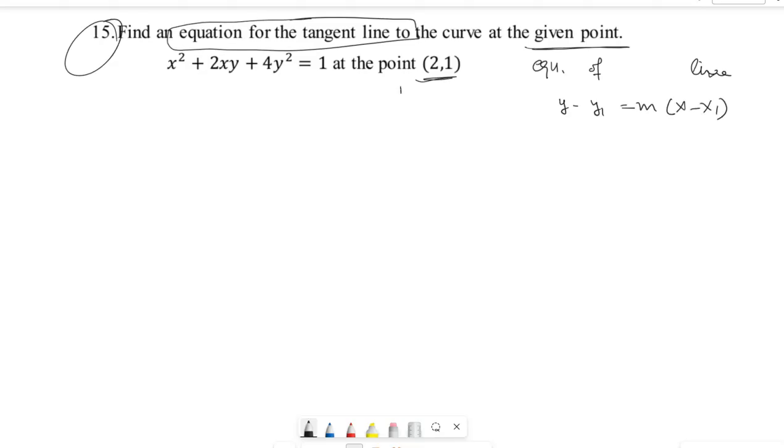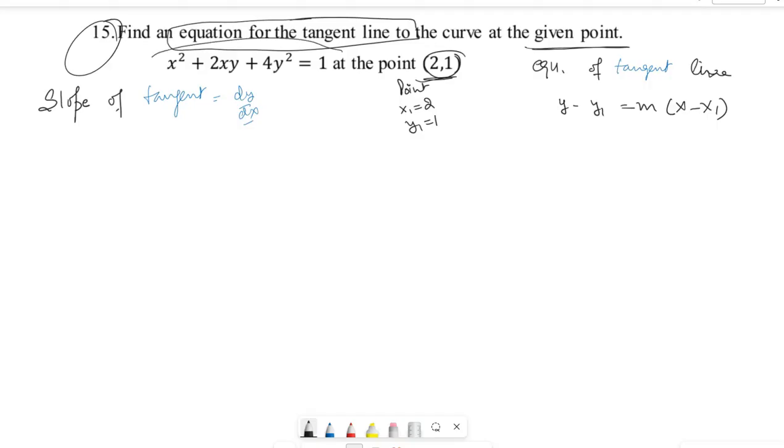We need a point, which is already given to us. So x1 is 2 and y1 is 1. And we need the slope of the line. Here we have the slope of the tangent line basically, right? Because the equation is of the tangent line. So the slope of the tangent line is basically the derivative. That's why we need to find the derivative.